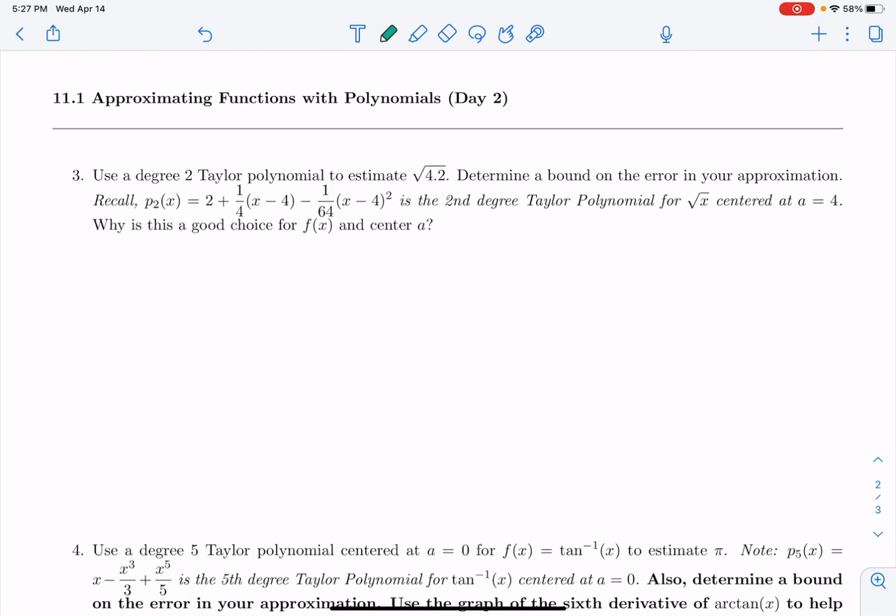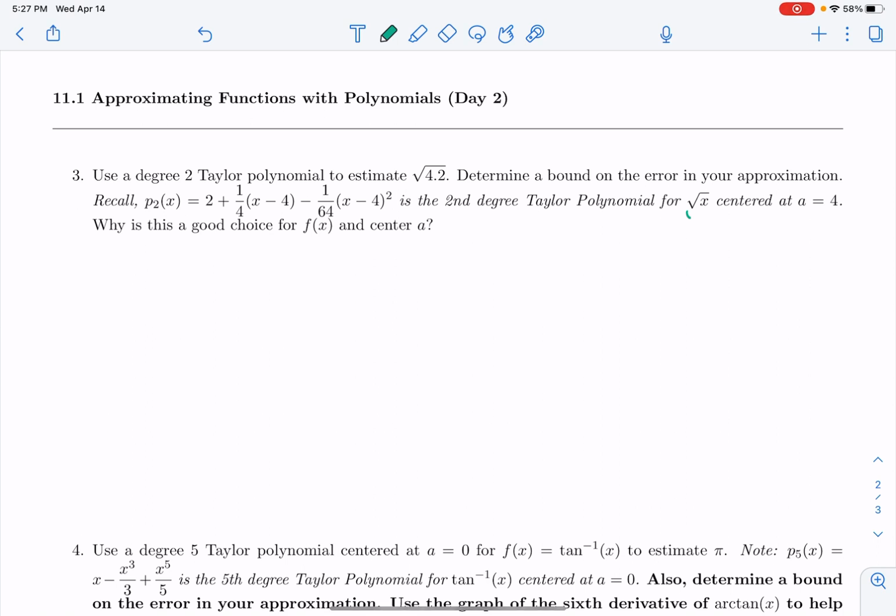Okay, so we're going to now use a degree 2 Taylor polynomial to estimate square root of 4.2, and determine a bound on the error in your approximation. Recall that we got this second degree Taylor polynomial yesterday when we worked on that in the activity, for square root of x centered at a equals 4.